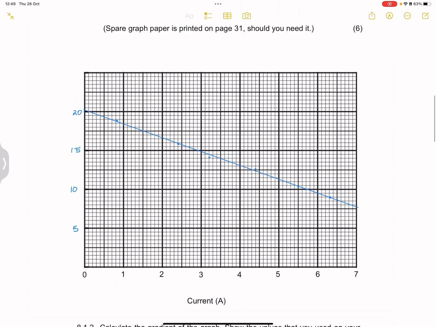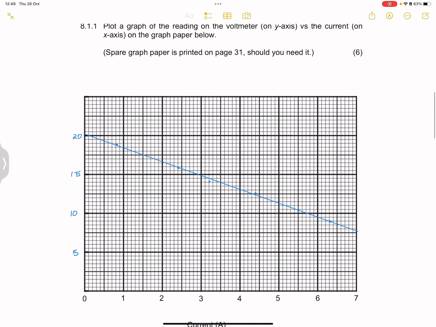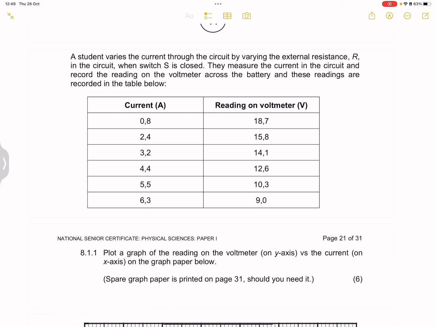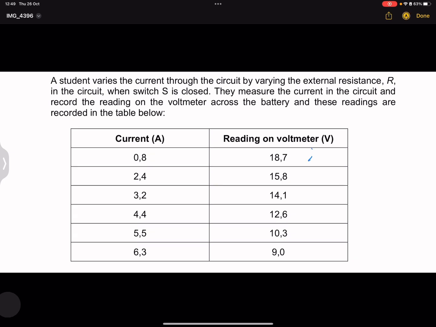So what I'm going to do is take the first and the last point that I was given. I'm going to take that point over there, 18.7 and 0.8, and calculate my gradient from there.